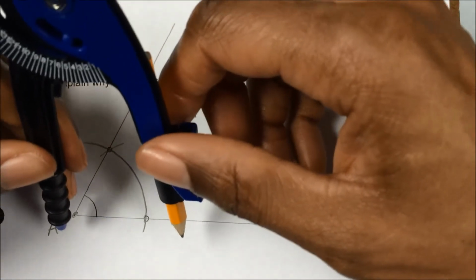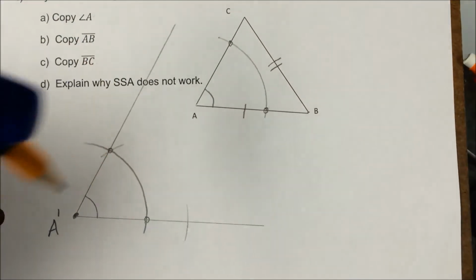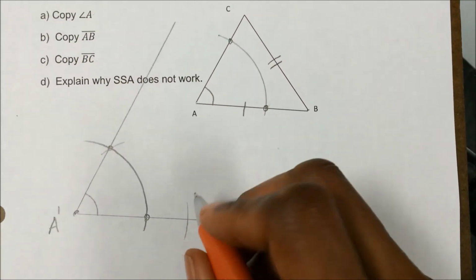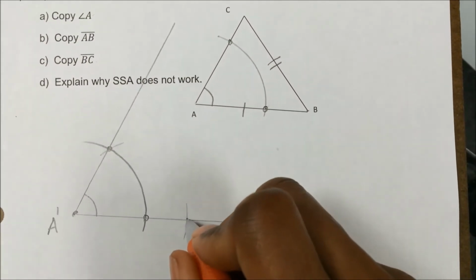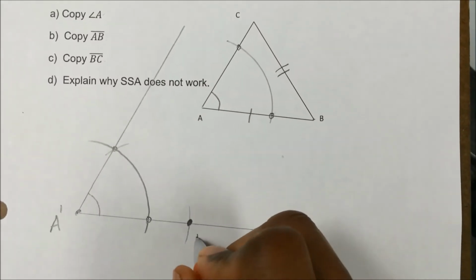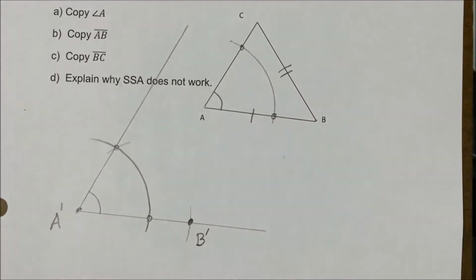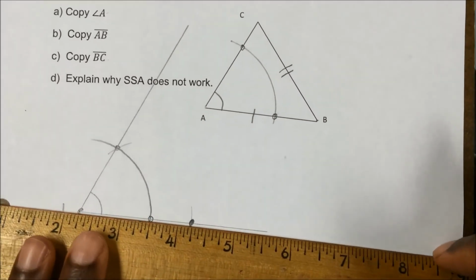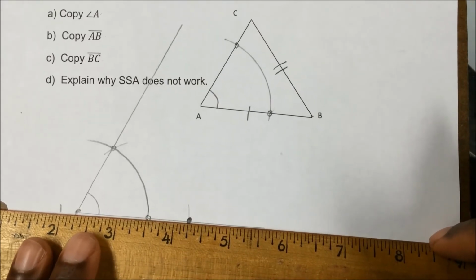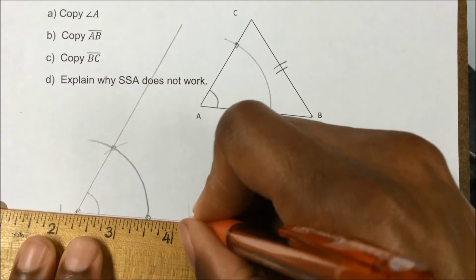And then I'll copy that down on my new picture with a little bit of an arc. Okay, so that means here is going to be my new point B, and I will call that B prime. So we have copied segment AB. That's complete, so I can go ahead and darken that in because that is one of the sides of my triangle.